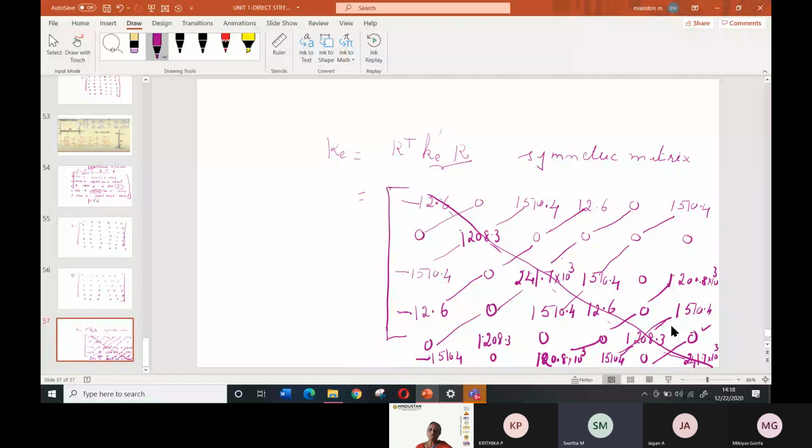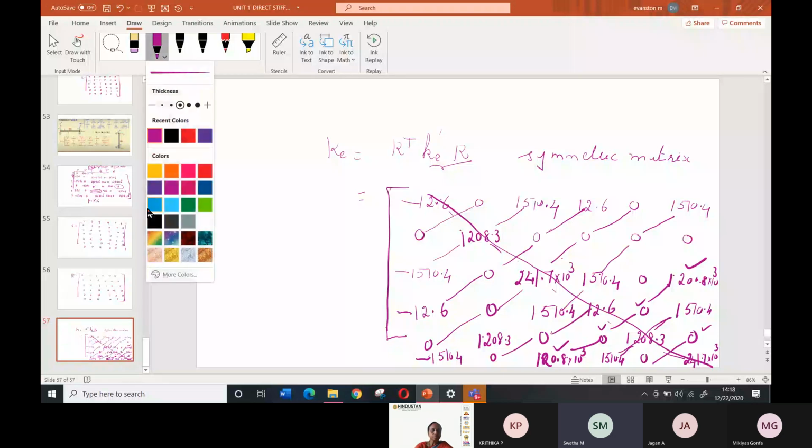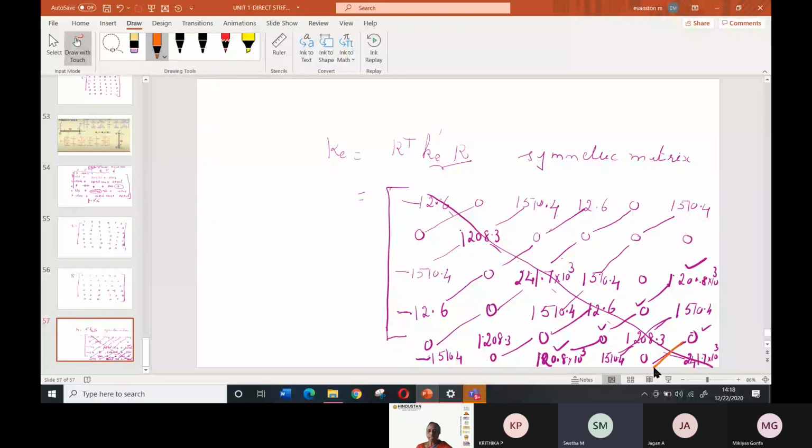That's correct. So when I check this one, this is also correct. This is connected like this. I'll take another color that will be better for you. If I take this one, so this is connected. When you're checking this one, this is also connected.